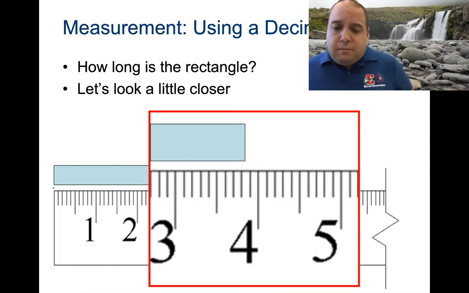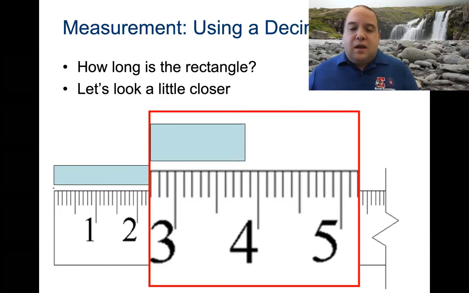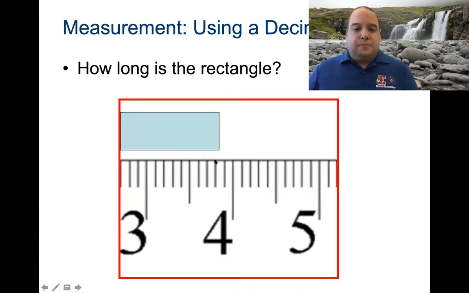So our overall measurement would be 3.83 or 3.84. Those would be the measurements that I would write down if I'm measuring how big this box is. So we'll go to the next slide here.